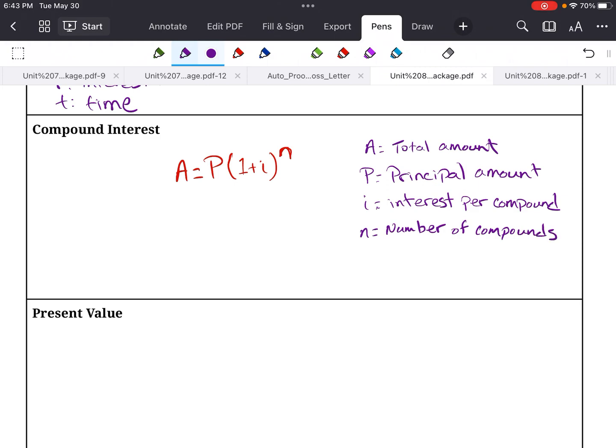Okay, because it gives you an interest rate per year. So if it's compounded monthly, there will be 12 payments per year. If it's compounded daily, there will be 365. So to figure out the I, it will be the interest rate divided by the compound periods.